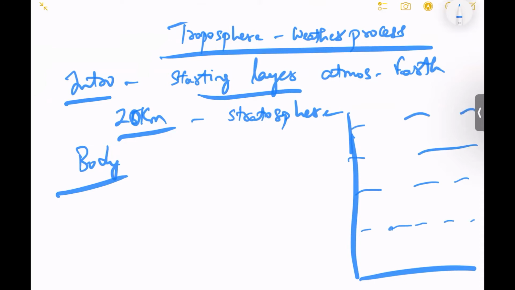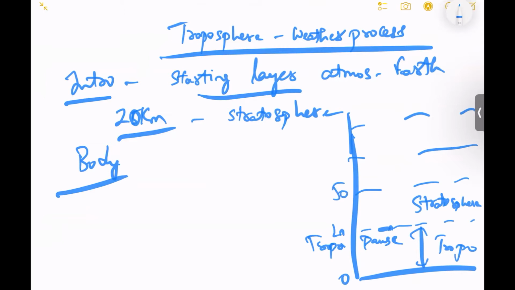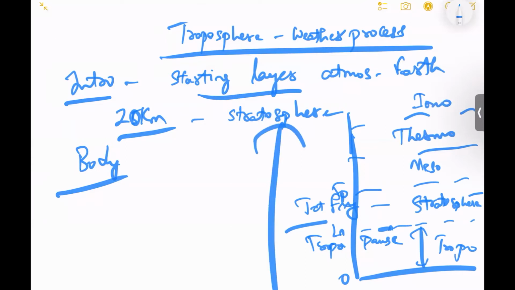This will be your troposphere, and you can say this is tropopause, and then stratosphere, and mark 0, 20 kilometers and 50 kilometers. You can further say jet fly at around 50 kilometers, then mesosphere, thermosphere, and finally ionosphere or exosphere. So this is how the various layers of Earth are arranged.